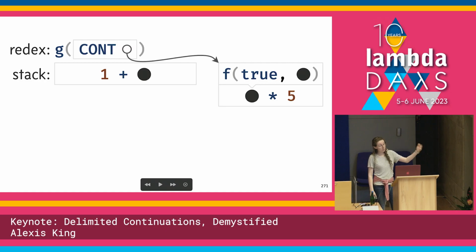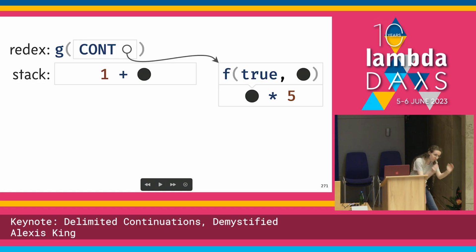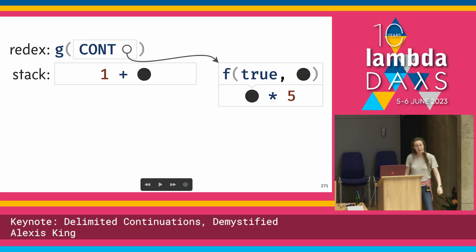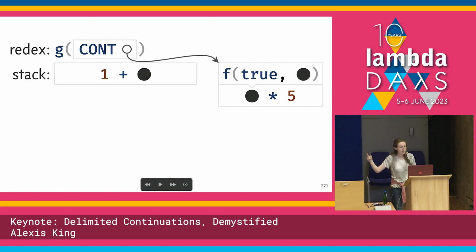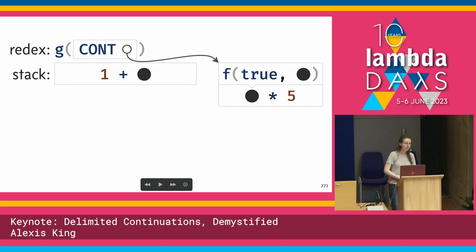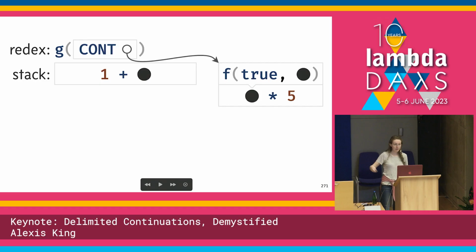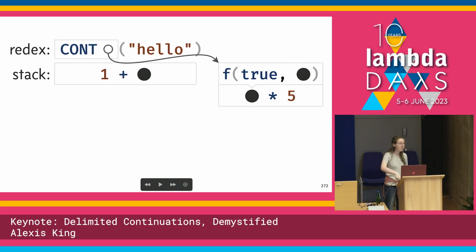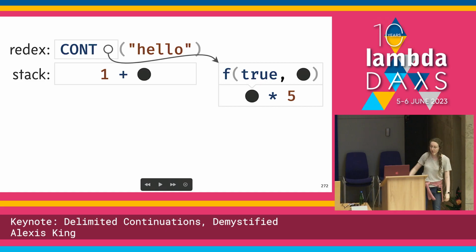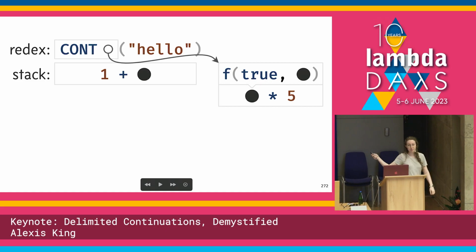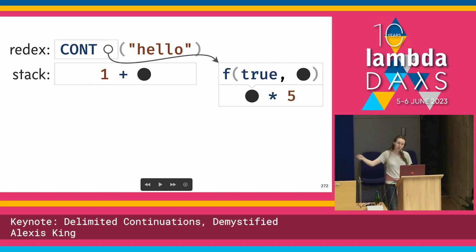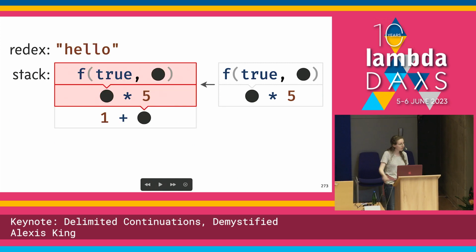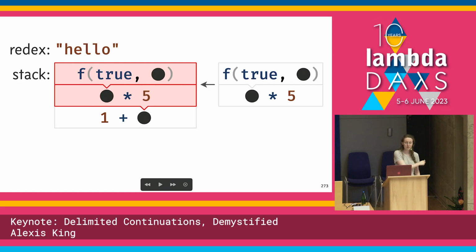And from the perspective of the program, it's just a function. But from the perspective of the runtime, it's a very special function, which is actually represented by that chunk of stack frames. So if we imagine that G is just a function that immediately applies this continuation to some value, when the function is applied, we're just going to do the reverse process, which is we just copy the stack frames back onto the stack.